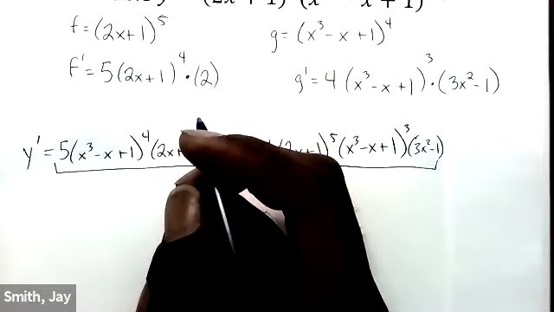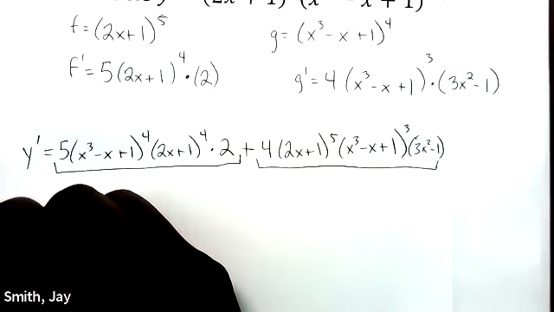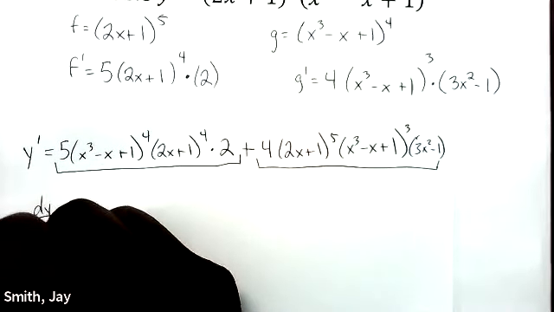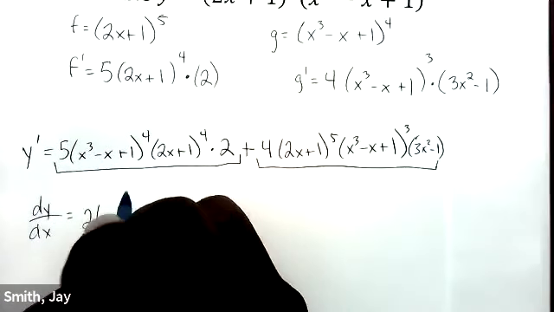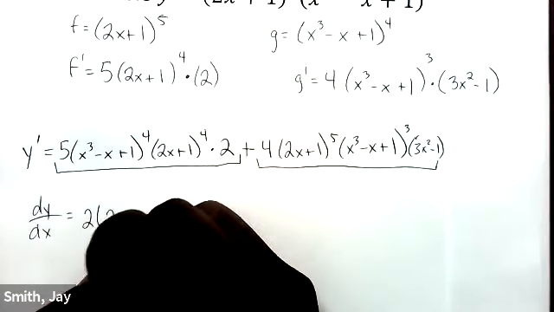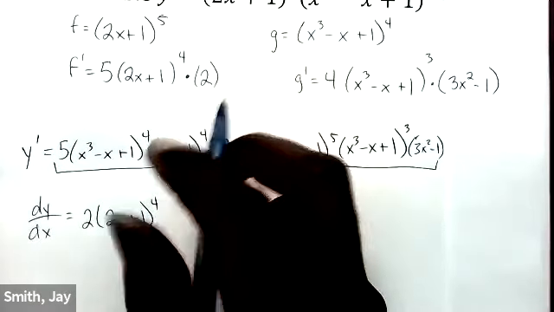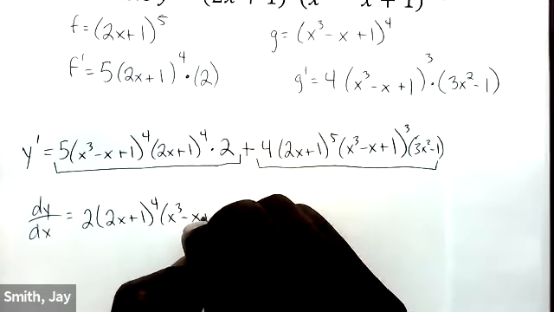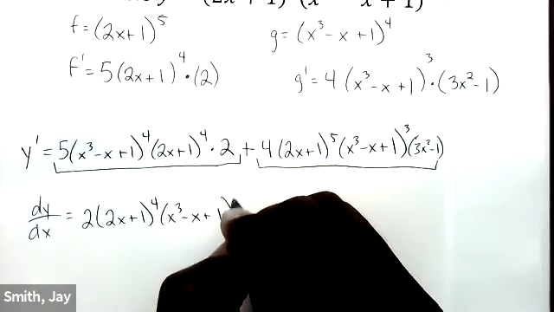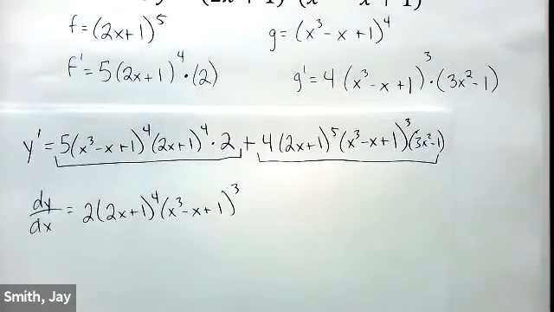So my GCF between those two values would be 2 times (2x + 1)^4 times (x^3 - x + 1)^3. This is what both of these terms have in common.